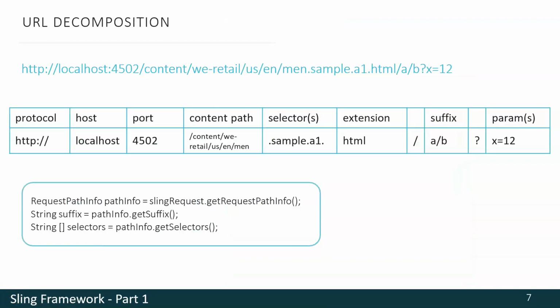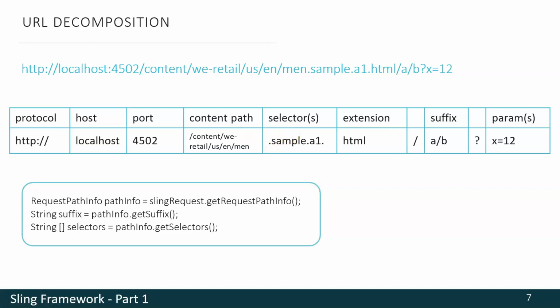Now, let's see how Sling parses a URL and splits it into parts. First, we have a protocol, host, and port. Then, the path to a content node in a repository. It starts right after the host or port and lasts till the first dot. Sample and even are selectors.